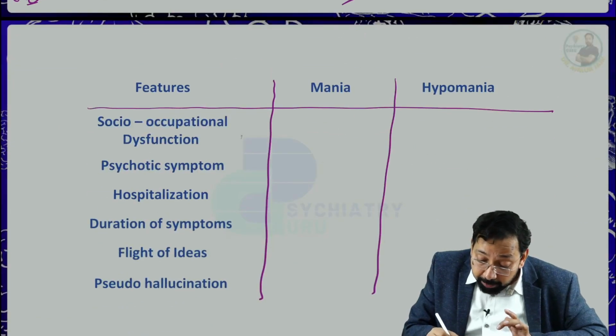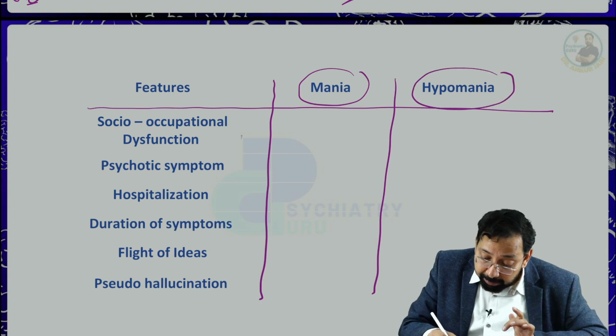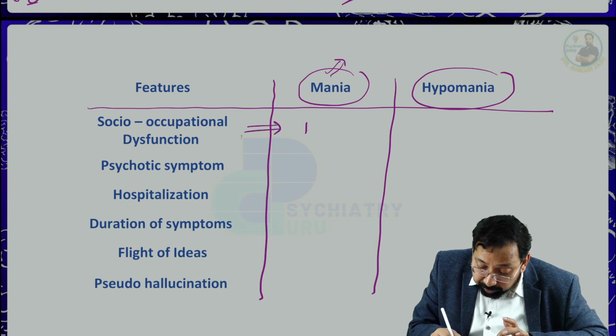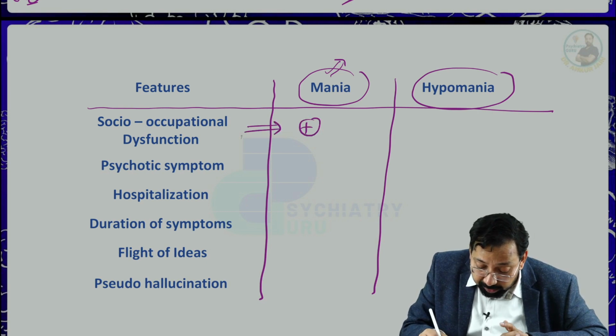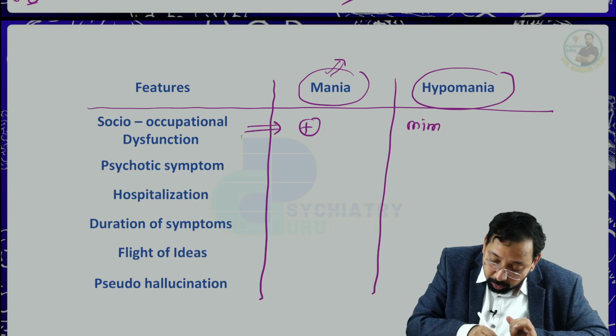So, mania, hypomania. In mania, there is socio-occupational dysfunction present. In hypomania, socio-occupational dysfunction is minimal or absent.